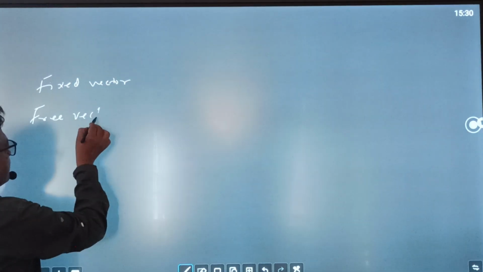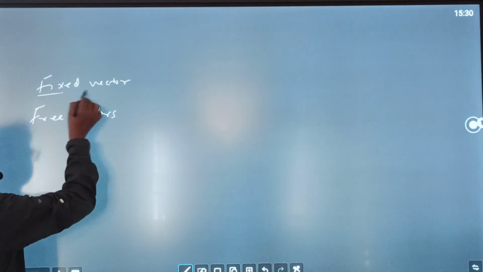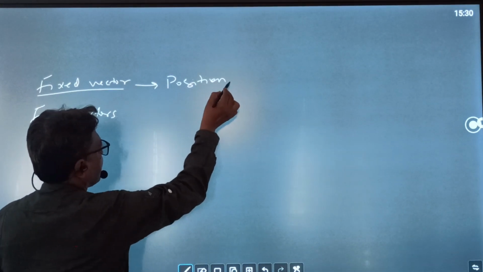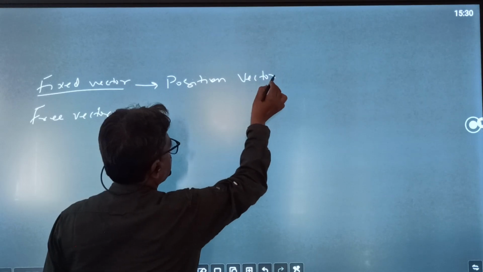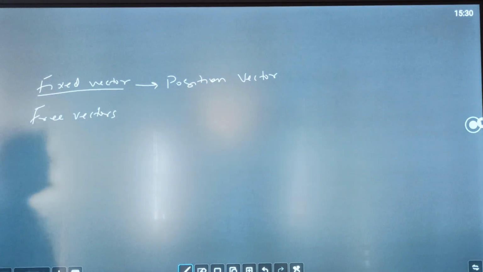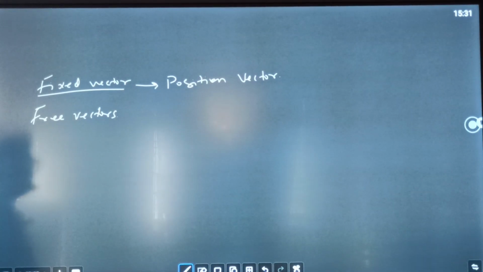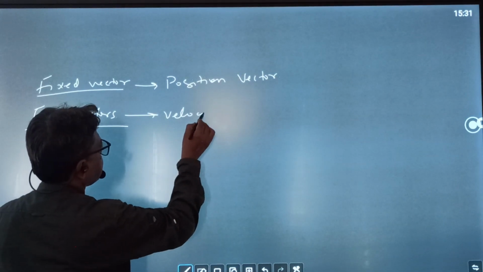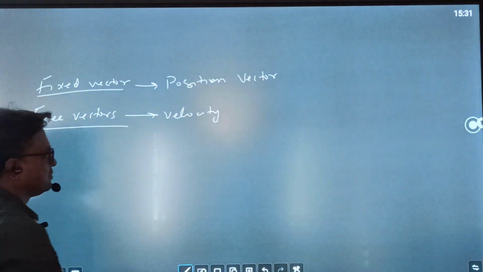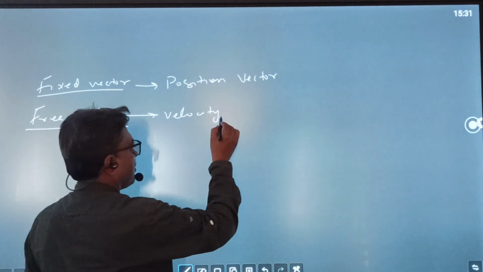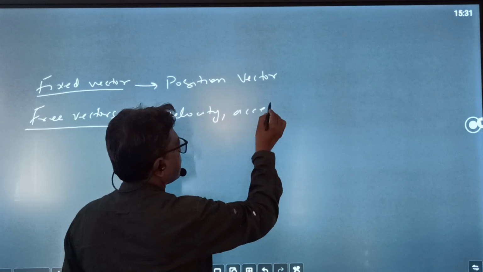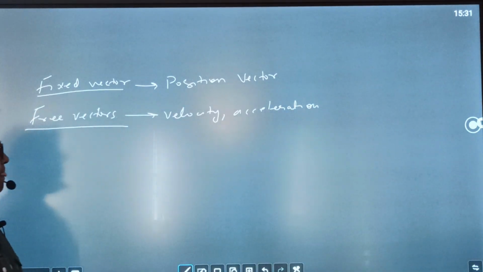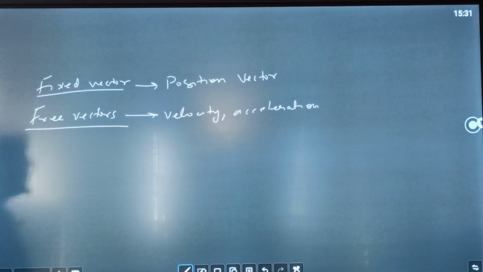Example of fixed vector is position vector, because its tail is always at the origin of the coordinate system. Free vectors, we can have example velocity, acceleration. Velocity and acceleration are example of free vector.